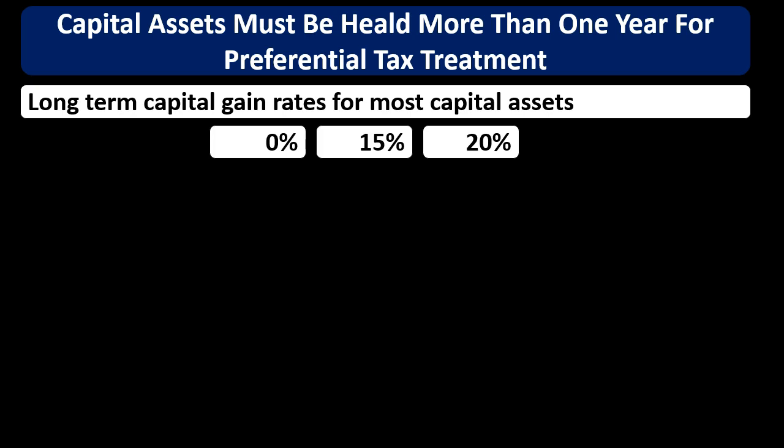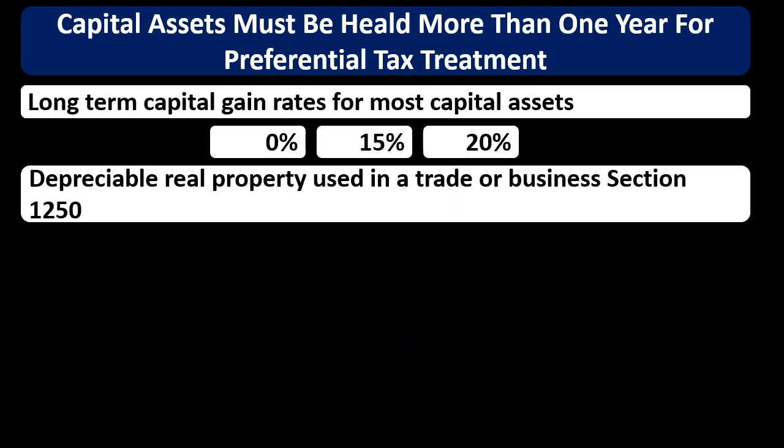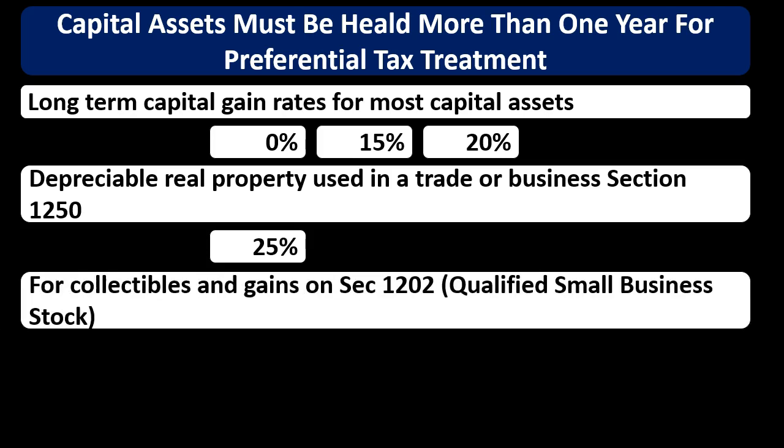So if a taxpayer is at a low tax rate, then they possibly would be getting the 0 to 15%, something that would be below their top tax bracket. Higher taxpayers would probably be at the 20%, which again would be lower than their top tax bracket. Depreciable real property used in a trade or business, Section 1250 property, 25%, and for collectibles and gains on Section 1202 qualified small business stock, we have 28%.